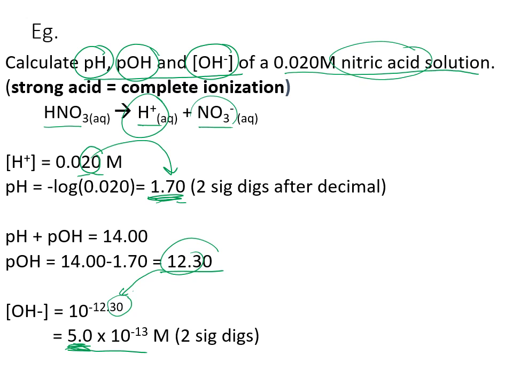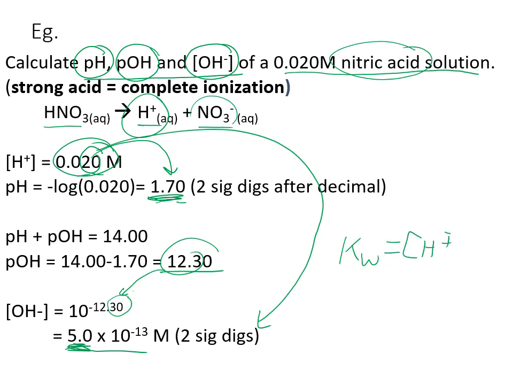Another way of doing it is that we have the concentration of the hydrogen ion, and we could have gone directly to the concentration of the hydroxide ion with our Kw, because we know that Kw is going to equal our equilibrium expression, the concentration of hydrogen ions multiplied by the concentration of hydroxide ions.